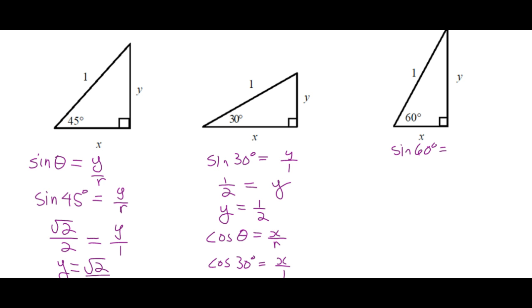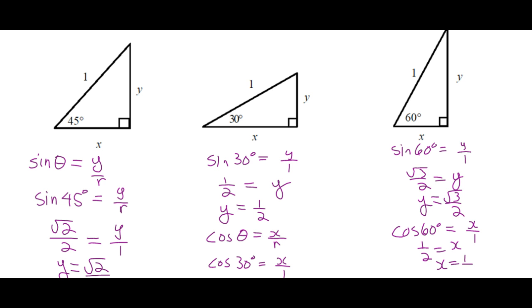So sine of 60 degrees is y over 1. The sine of 60 is root 3 over 2. So y is root 3 over 2. And cos of 60 degrees, which is x over r, is x over 1. 1/2 is equal to x, so x is 1/2.